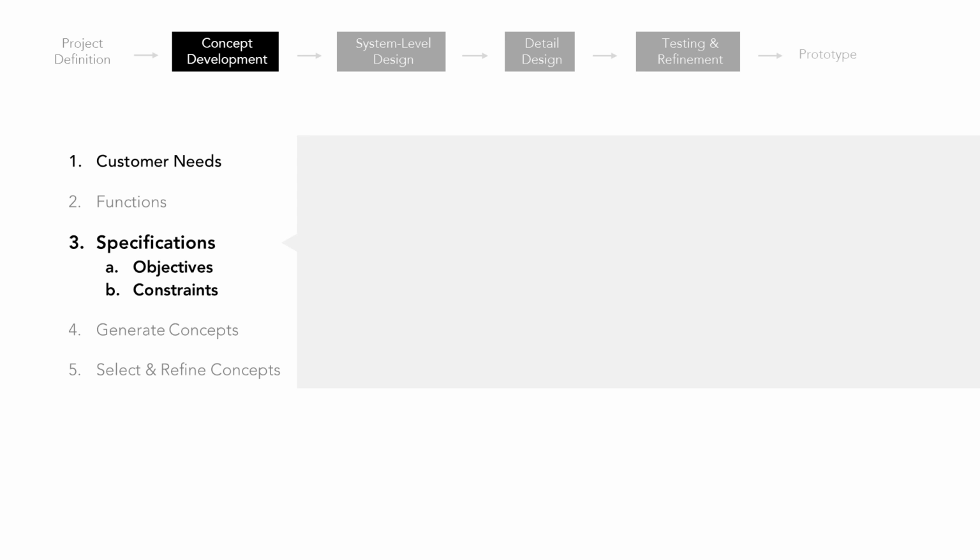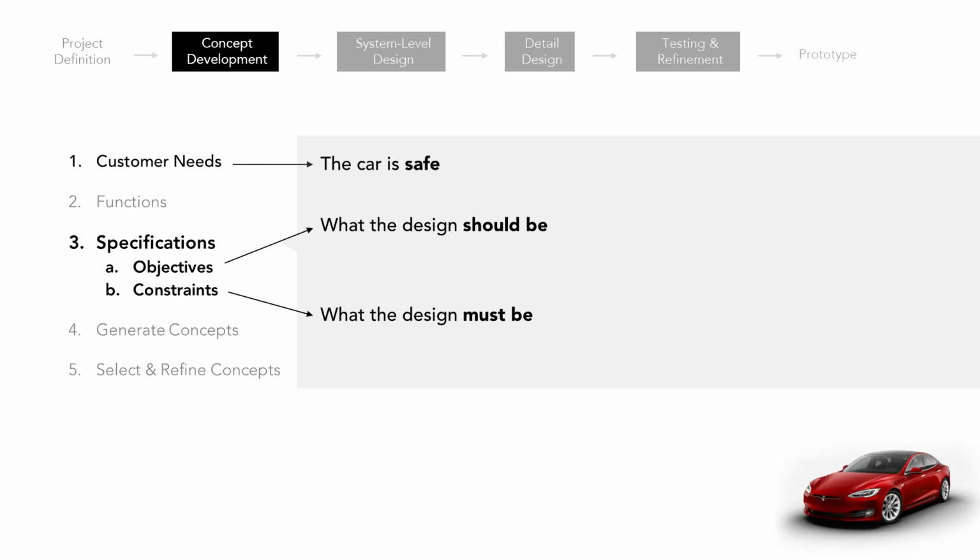But not all specifications are created equal. The objectives describe what the design should be, and the constraints what the design must be. So if we transform the need for safety into specifications, a constraint would be to have dual front airbags. These airbags are required by law, meaning that if the car doesn't have them, it can't be sold.